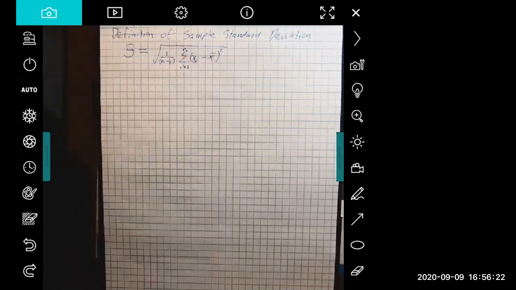We'll use the sample mean instead. Without the square root, that sample variance is an unbiased estimator for the population variance. When you put the square root on there, it introduces bias again, but this is the best we can do.